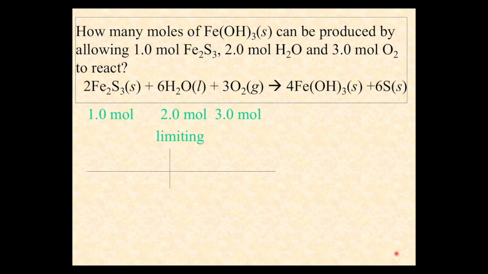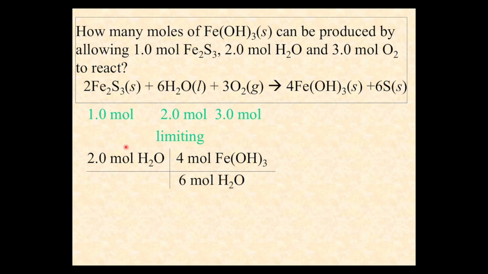And now if I tell you that water is my limiting reactant, you can figure that out by looking at the different numbers of moles, but the limiting reactant is water. If you just take my 2 moles of water right here, that's the information that you're going to start with. You can only do a stoichiometric calculation off of your limiting reactant, okay? So then I do my mole ratio, and I can find the number of moles that are going to be produced.